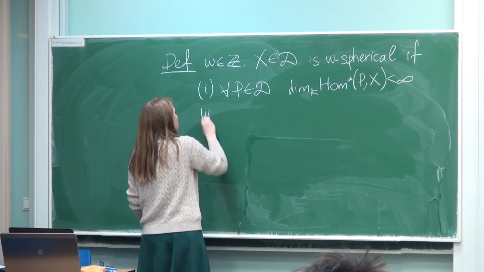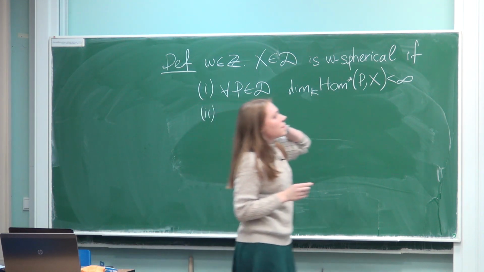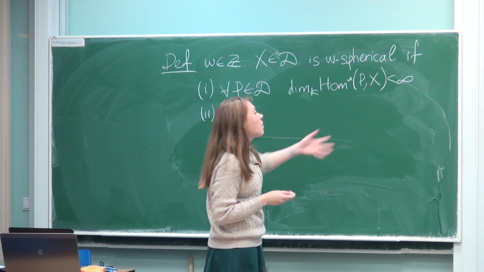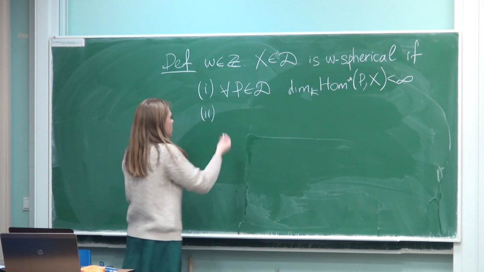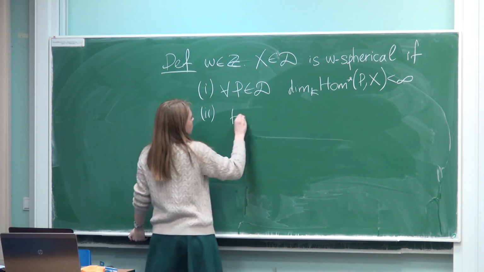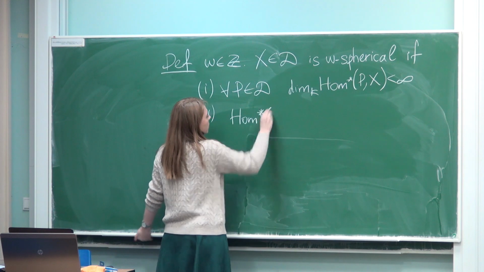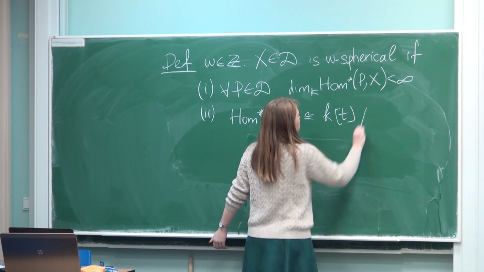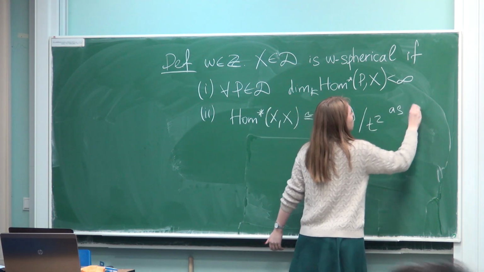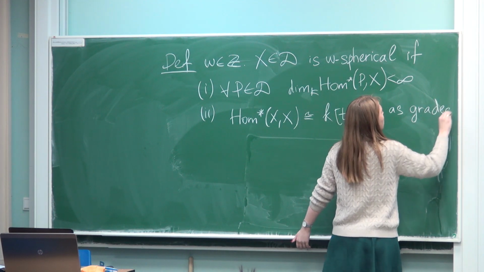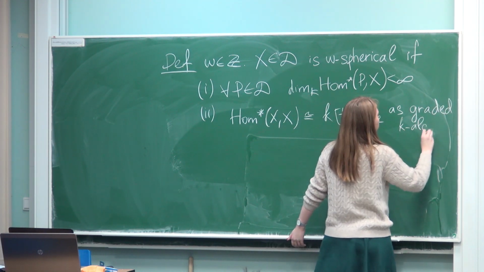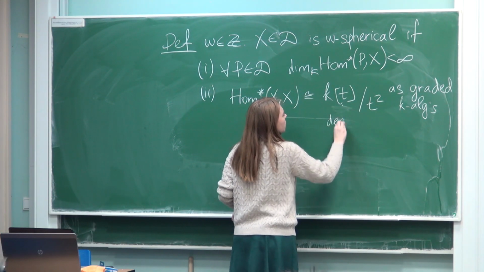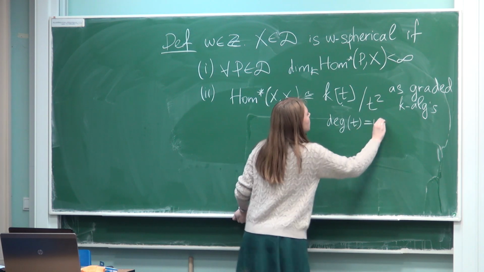Now, secondly, there is this condition that says that the Ext algebra of X is the same as the cohomology of the sphere of corresponding dimension, but formally I want the following condition: Hom^*(X,X) is isomorphic to K[t] quotient by t squared as graded K-algebras, and here the degree of t is omega.